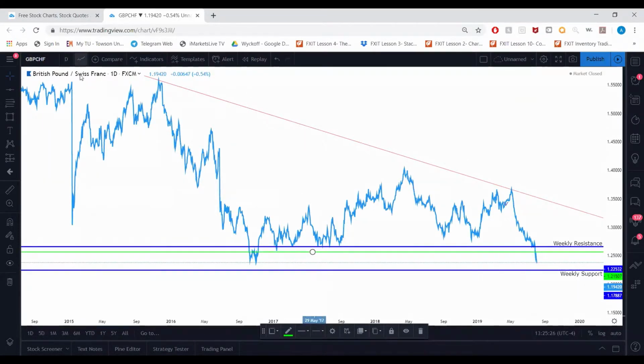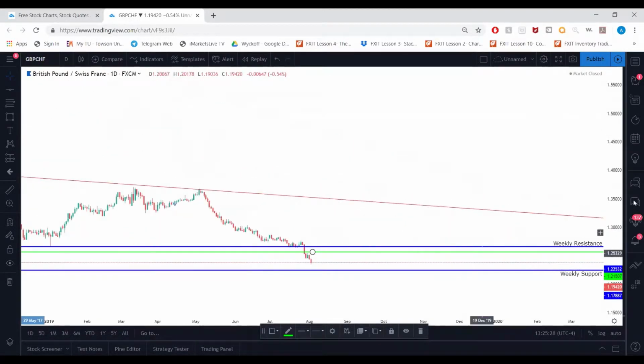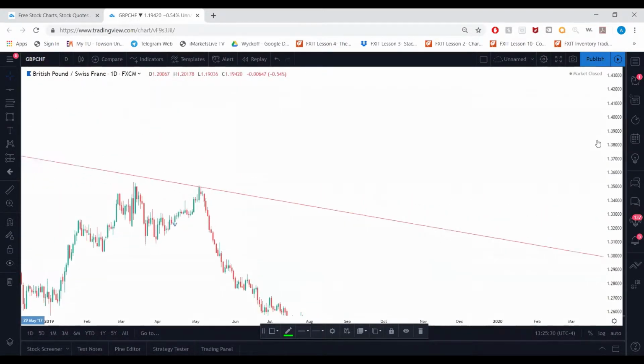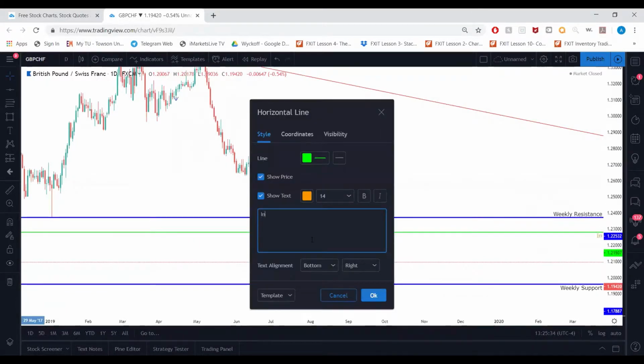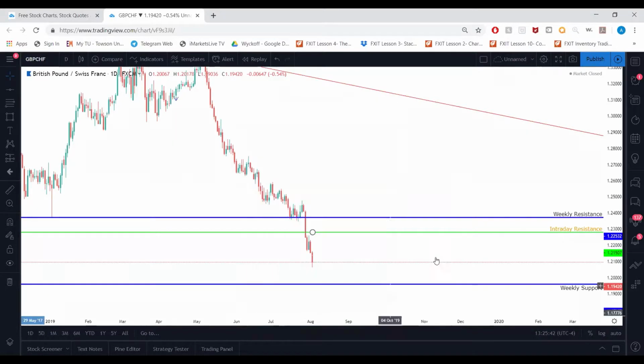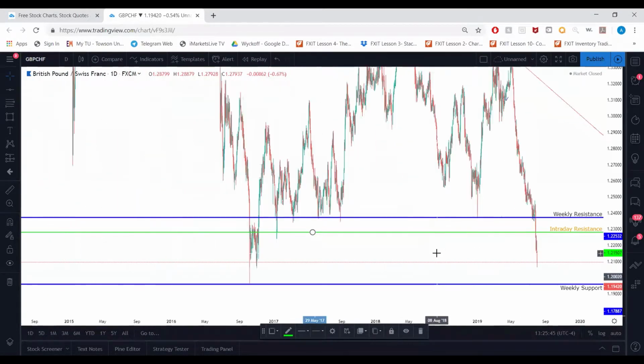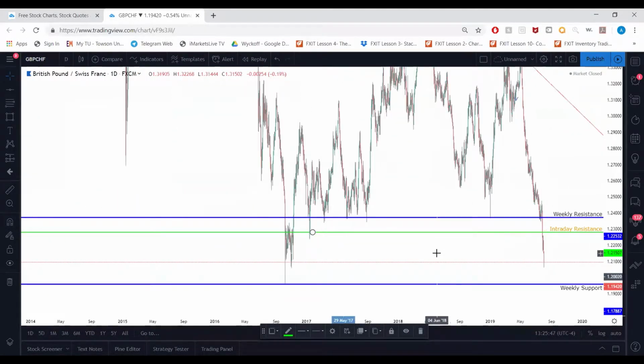Okay, so we will use this as an intraday resistance. I'm gonna put that on top as well. But do we have intraday support?